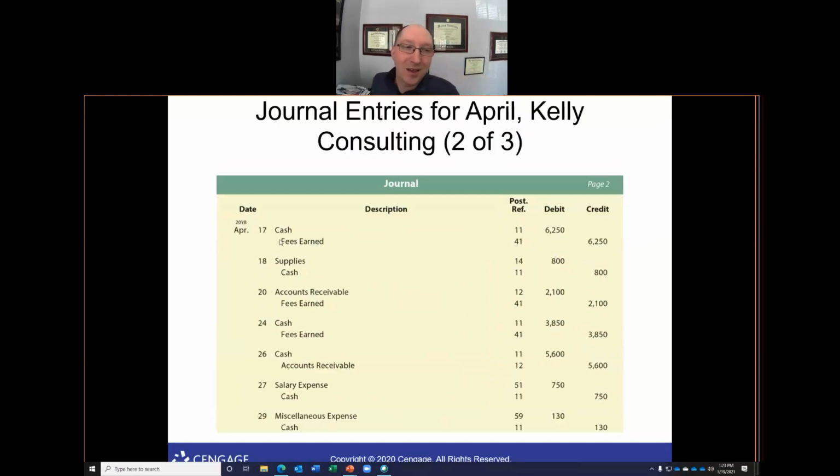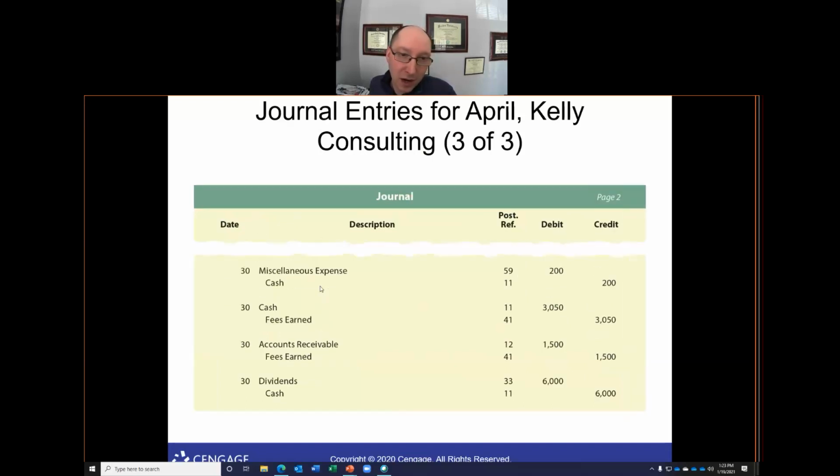Okay, so first step, you make your journal entries onto your general journal. Then we see on the 30th, end of April, this little break. What does a little break represent?